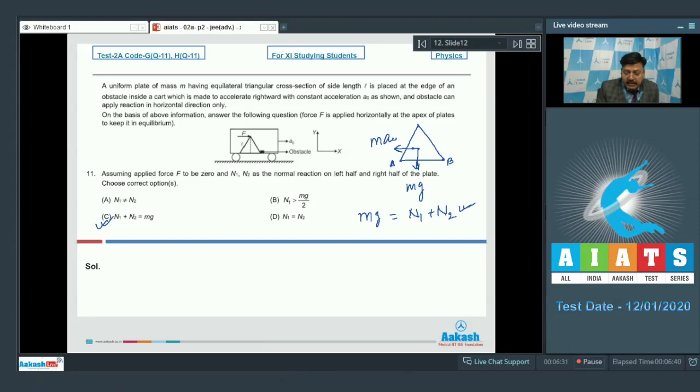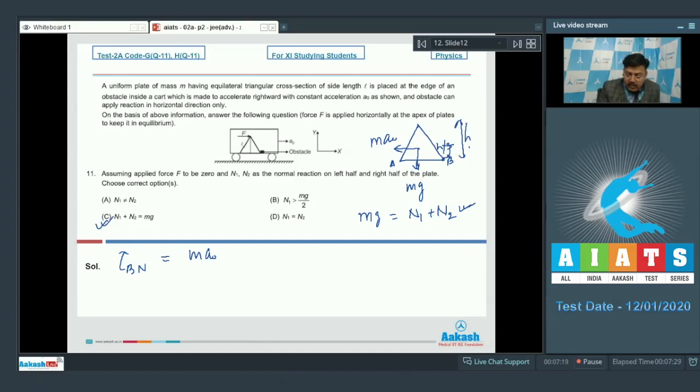So the torque due to the total normal reaction about B must be equal to ma0 into the moment arm, and if the height is h, then this height is going to be h by 3.